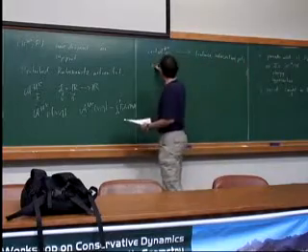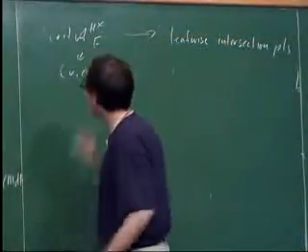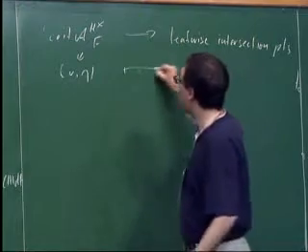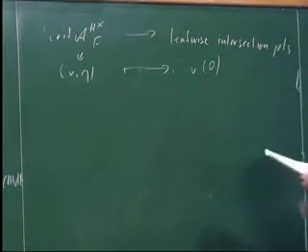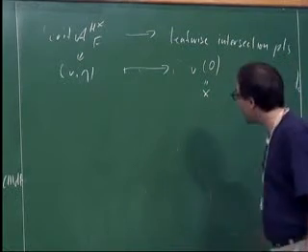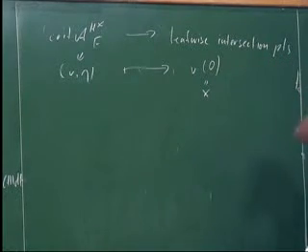If you have a critical point and map it to v(0), call this x, then I claim this x is a leafwise intersection point.